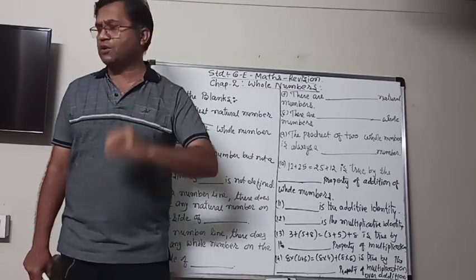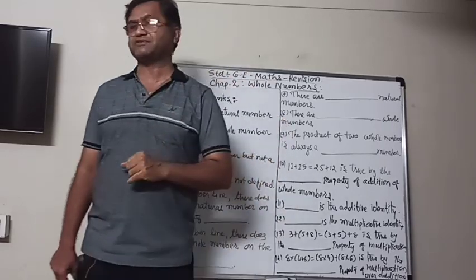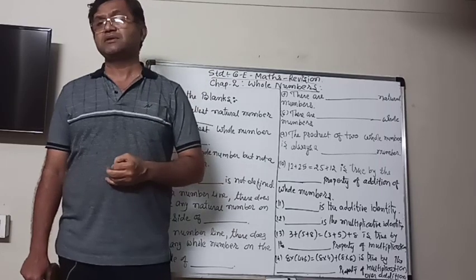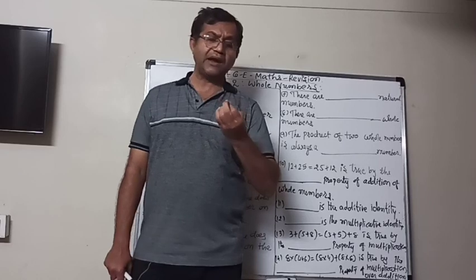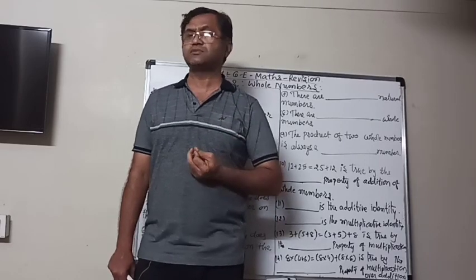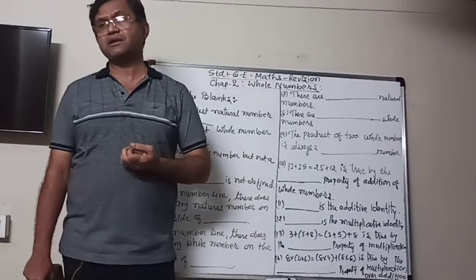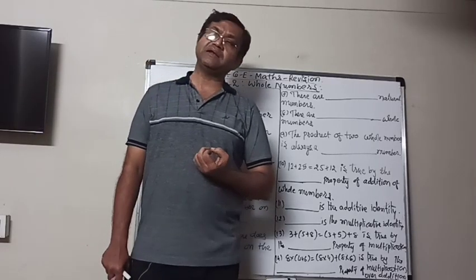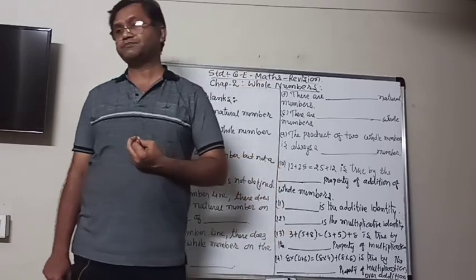For the associativity property, when we have to add or multiply three numbers, we can make a group of the desired numbers and then add or multiply. So associativity also holds only for addition and multiplication, but not for subtraction and division.